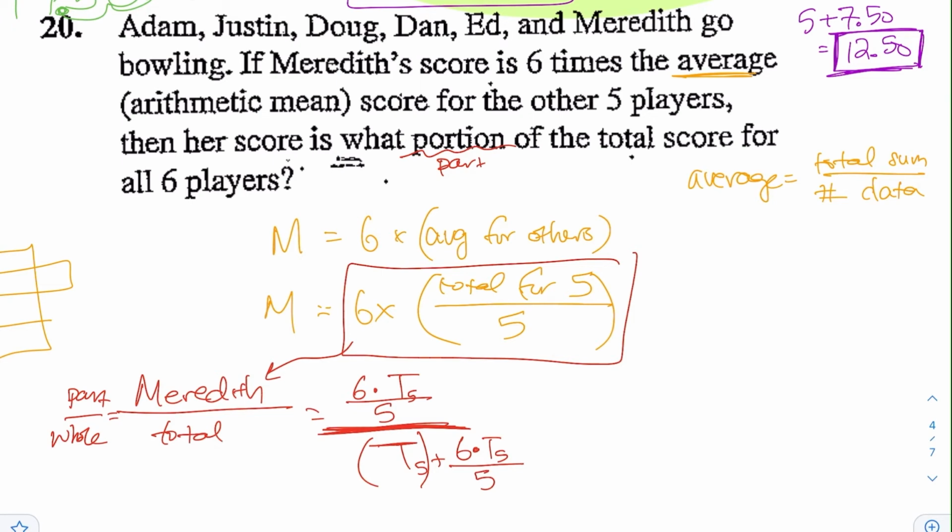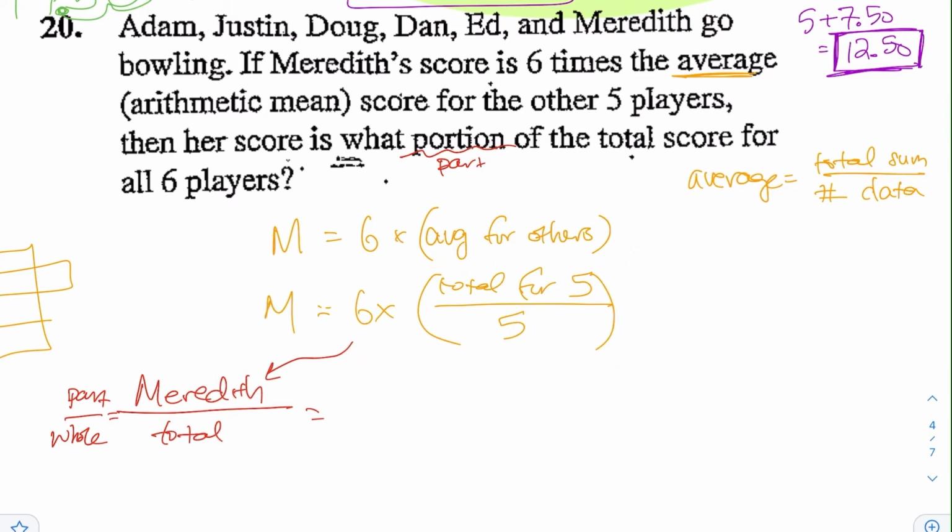Anyway, so when you have this, you'll want to simplify the denominator first. And when you simplify the denominator, the LCD is equal to 5. So instead of T to 5, that's a little confusing. So I'm just going to replace this with the variable T. So again, for the numerator, it's Meredith's score, which is 6 times the total of 5 players.